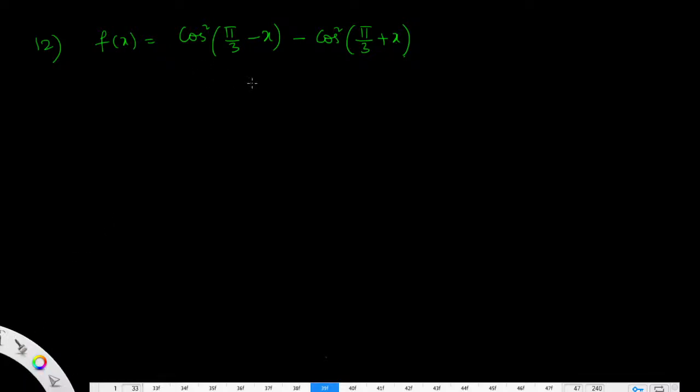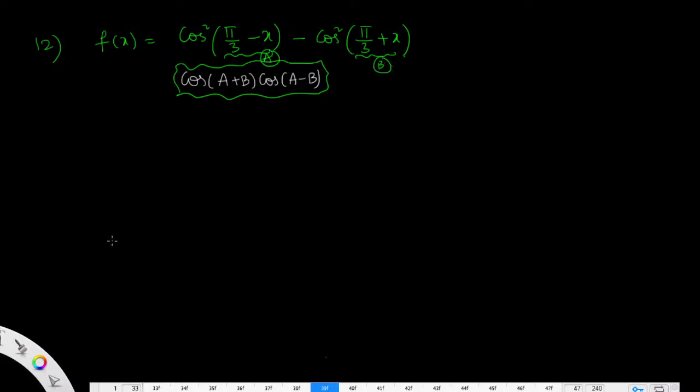Basic formula only. Cos square b minus cos square a, that formula is cos of a plus b into cos of a minus b. This formula can be applied, so substitute in this. In the place of a we have pi by 3 minus x, and in the place of b we have pi by 3 plus x.